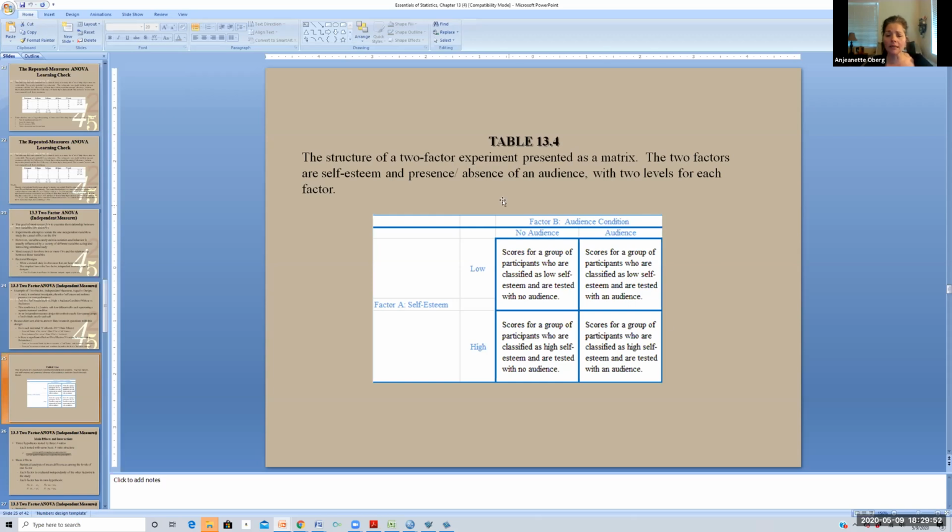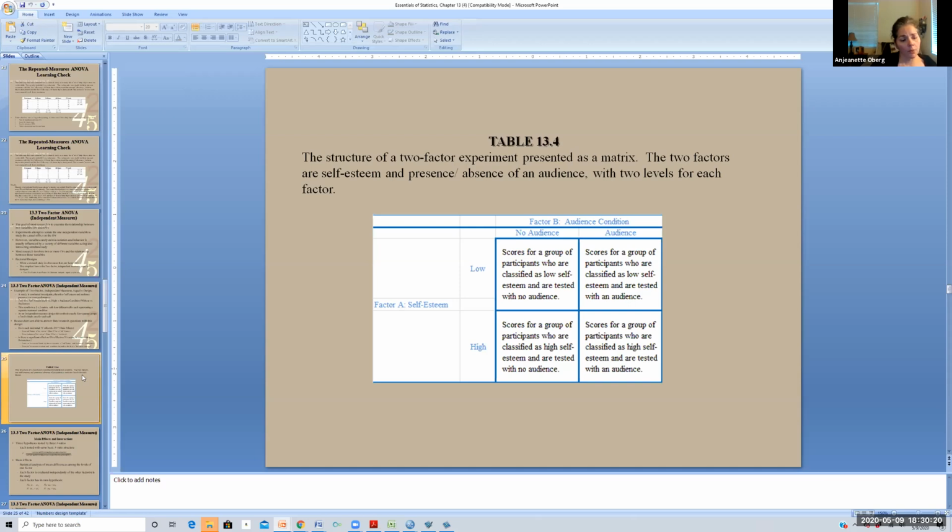So notice that we have one factor with two conditions, one factor with two conditions, 2 by 2, so 2 times 2 equals 4 separate groups, 4 separate conditions, okay? Because this is a between subjects design or an independent measures, we know these are different people in each group, okay?